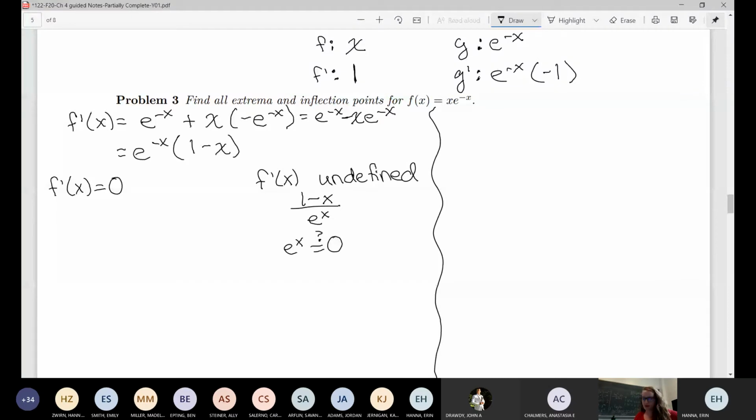This is the super nice thing about e to the anything, absolutely anything: it's always greater than 0. So this is actually never going to happen. So once again, never undefined. It's very rare that we would come across a function that's actually going to have an undefined derivative, but we need to consider it.